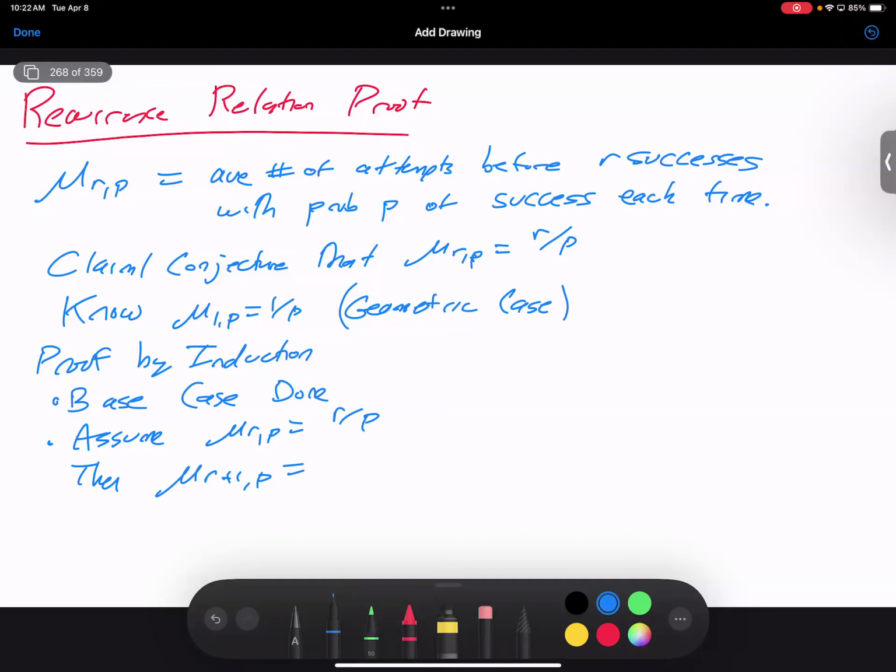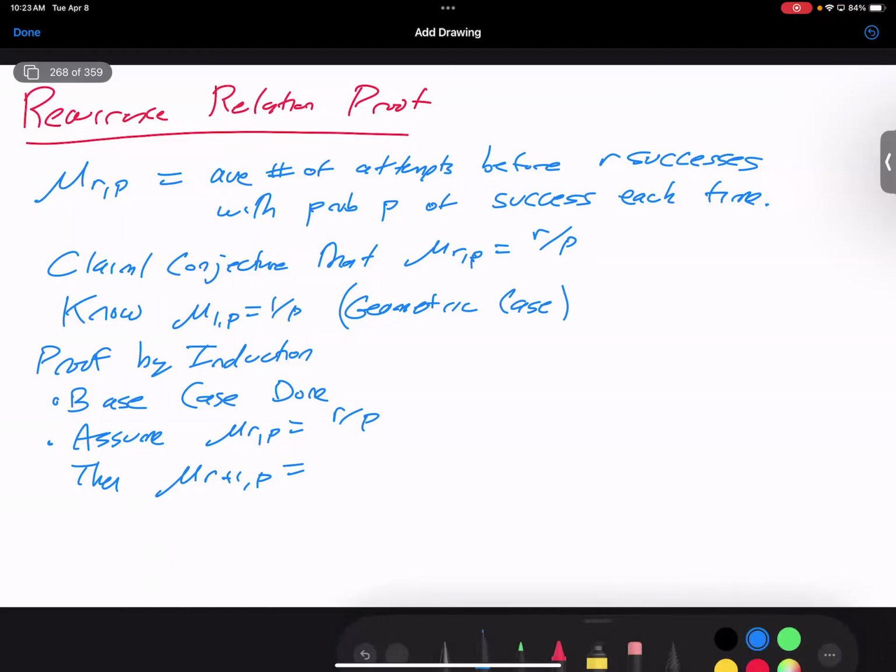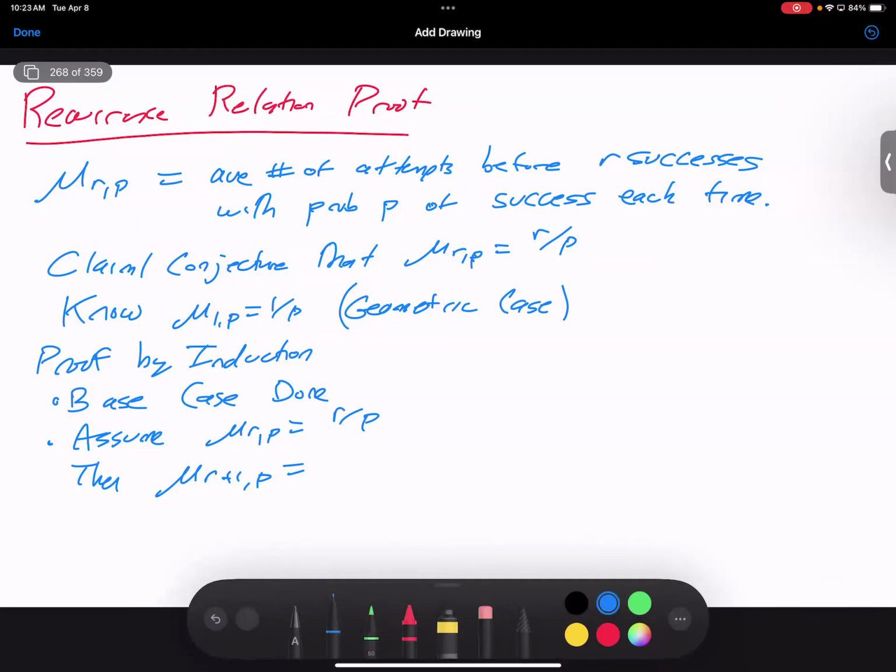What are the possibilities for the first toss? Success or failure. If it's a failure on the first toss, then it's like we've just started the game all over again. If it's a success, then we need one fewer success. So let's assume we got a success. Then how many more successes do we need? We need R successes. So it would be mu_RP plus 1 if we got a success.